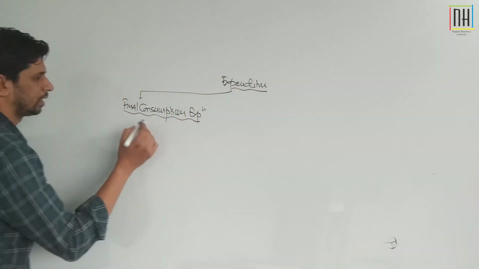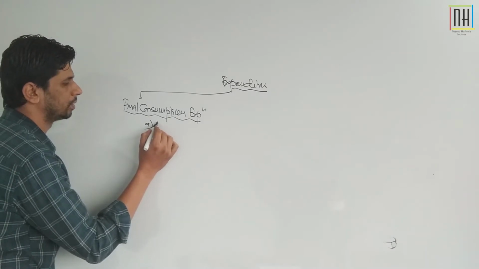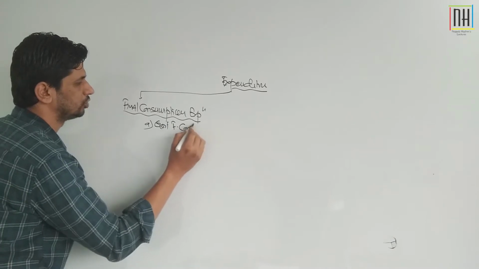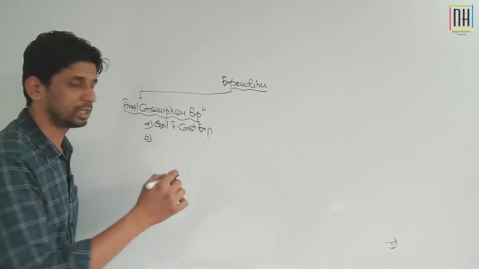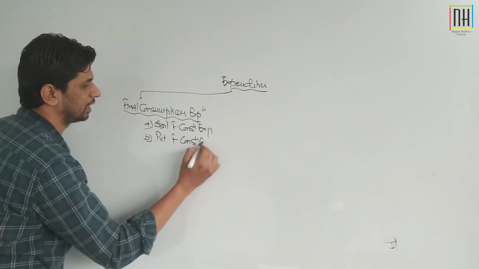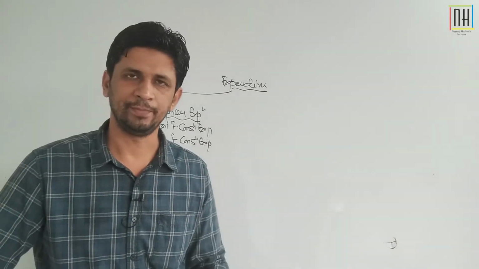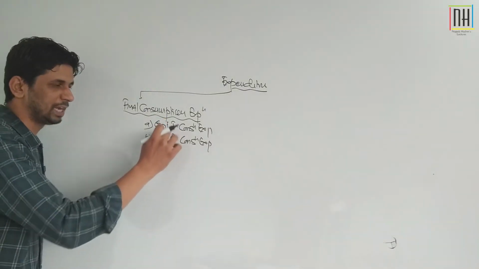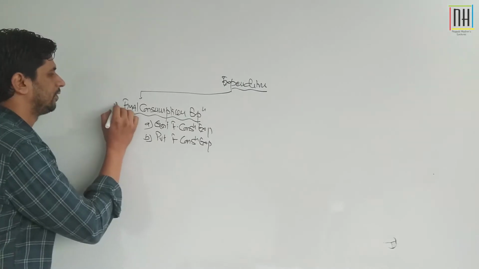Under this come two parts: final consumption expenditure by the government sector, called government final consumption expenditure, and consumption expenditure by the household sector, called private final consumption expenditure. These are the two sub-constituents of the final consumption expenditure.